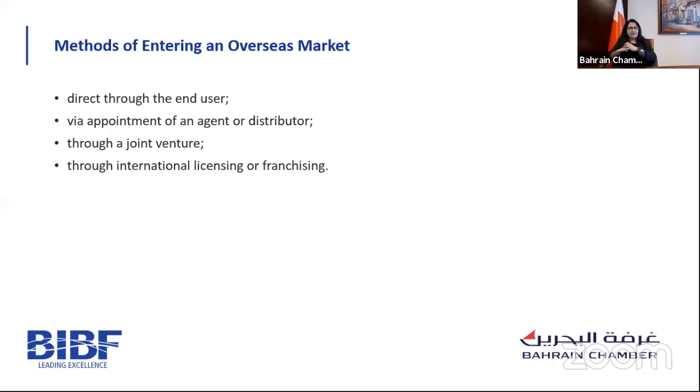Another method of entering an overseas market is through a joint venture. What is a joint venture? You come to an agreement with a company in the foreign country that you want to trade with, and you jointly sell the product.